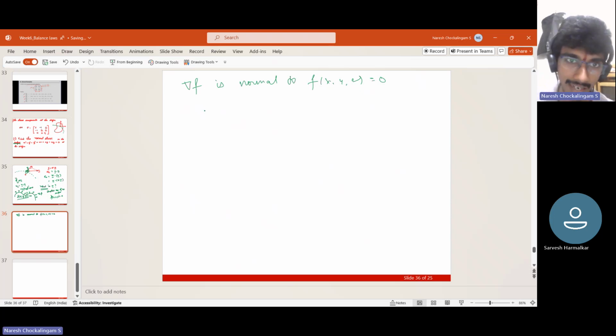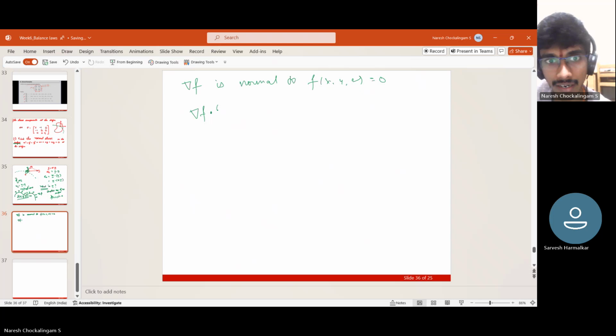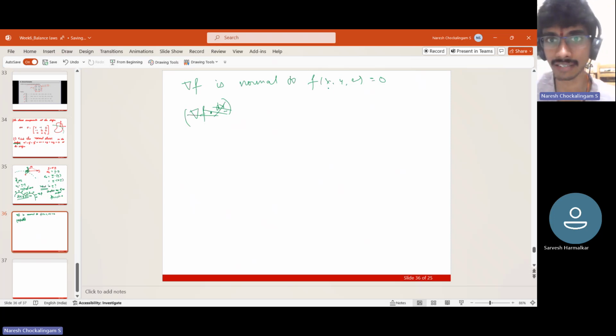The gradient is defined so that grad f dot dx is the directional derivative at a given point. If this quantity is 0 as you move along a surface, it means it remains 0, as long as you move along points x, y, z which obey this.